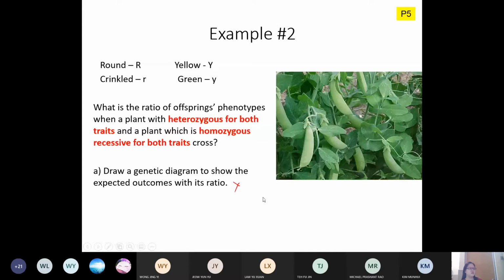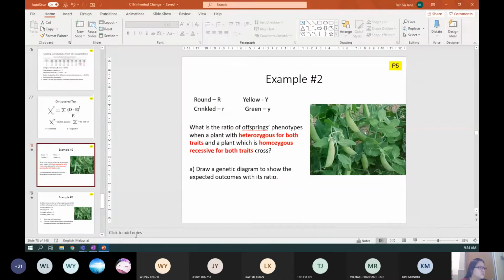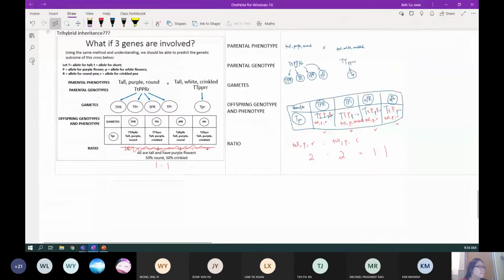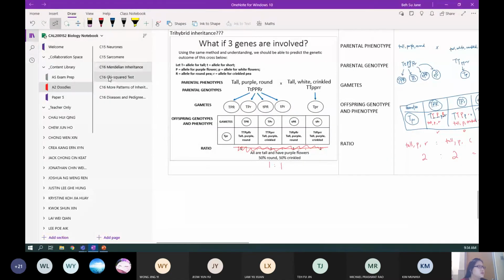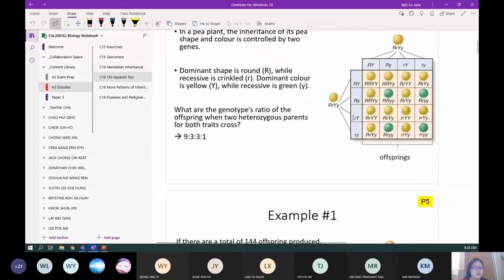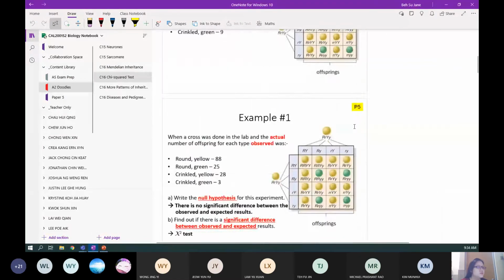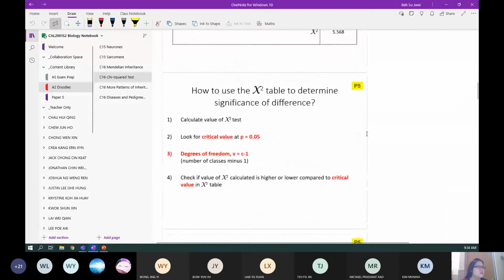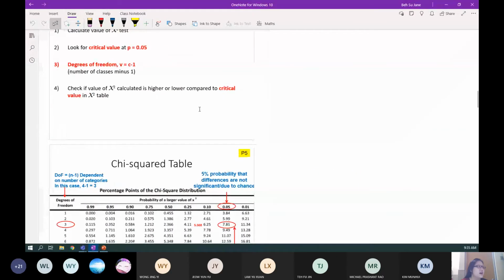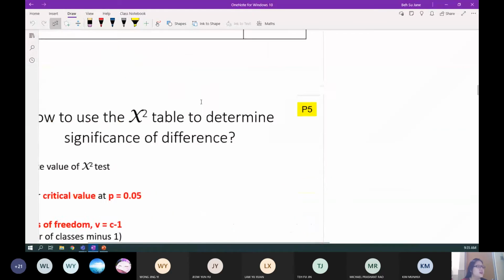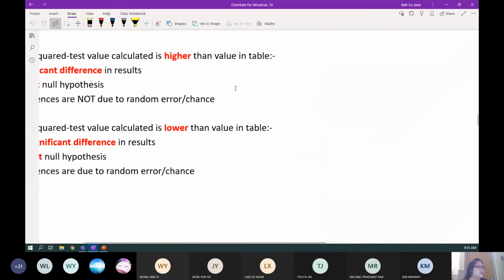We figured out the ratio here, let me go to OneNote. Here is the next page. Okay, I should have written it here. Okay, now I have to change all these too. Never mind.